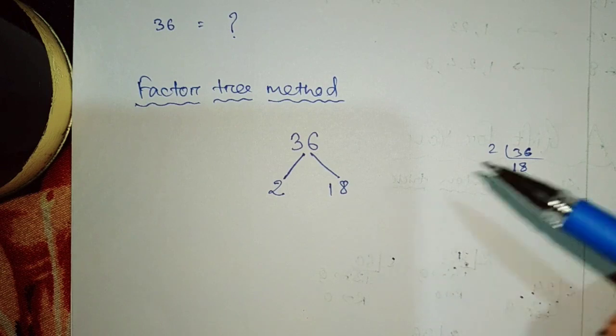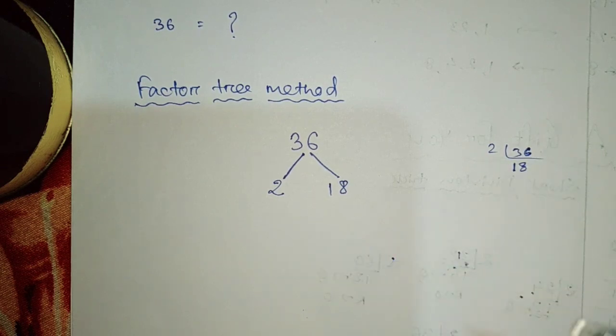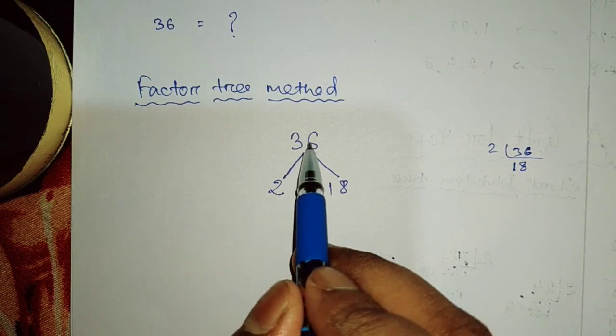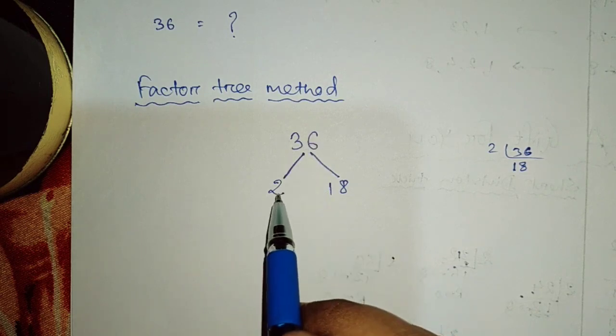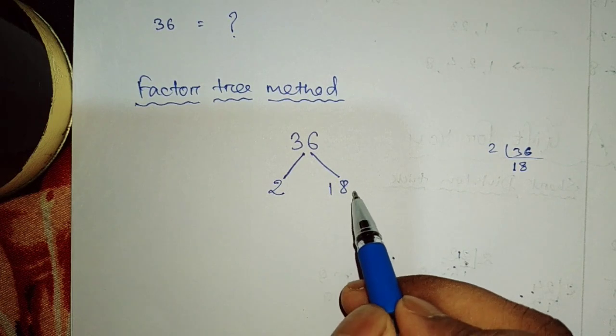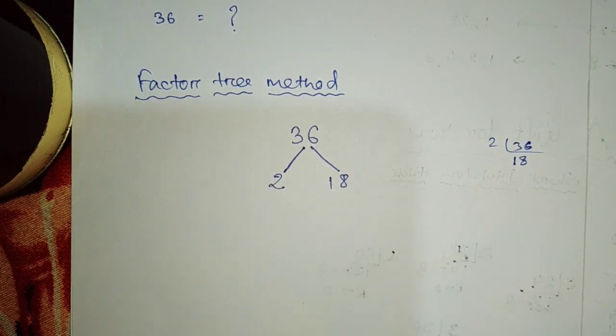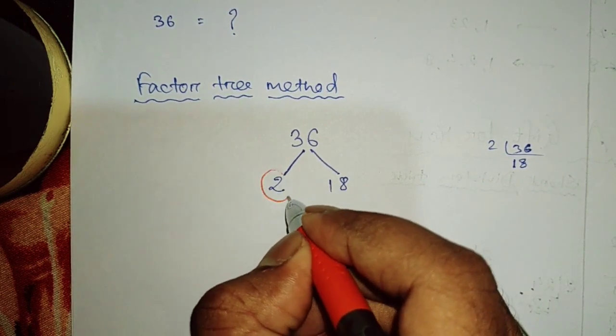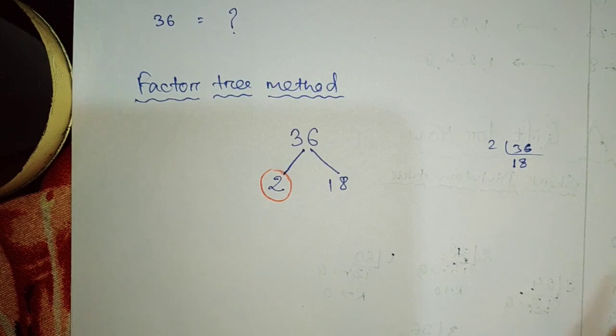In this case, short division saves our time. So we have taken the first smallest prime number and 36 is divisible by 2. So 2 18s are 36. Again, keep this 2, we'll circle it with red, because it is a prime number.